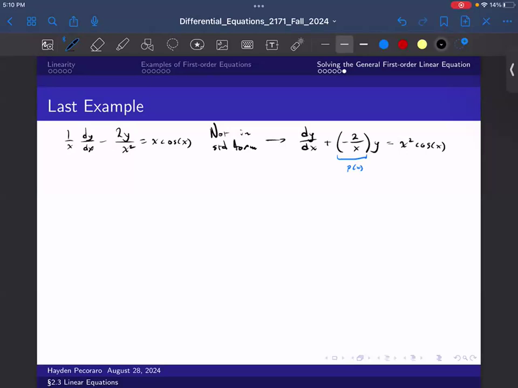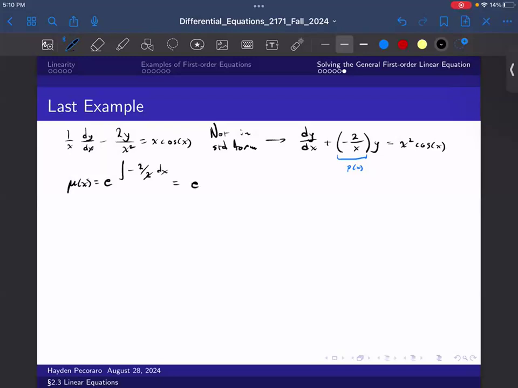Okay. Find our integrating factor. So this is going to be e to the integral of minus 2 over x. Okay, that's just my formula, right? I can go through the work to get that if I need to, but I remember that for now.